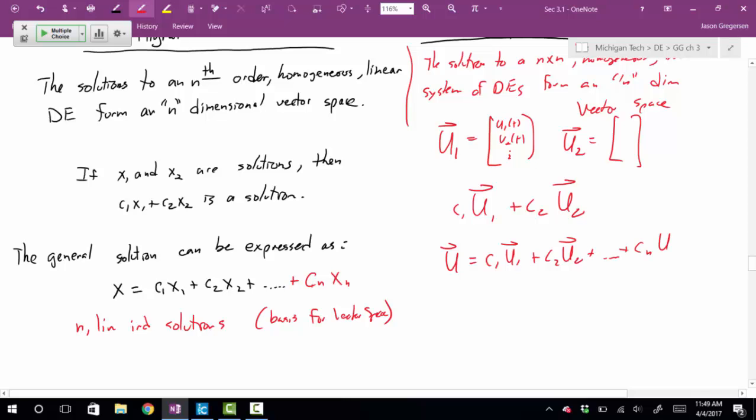I'm going to need n of them. And that will be the general solution for my system of differential equations for an n by n system. It's like you're learning a bunch of new stuff without having to learn a bunch of new stuff, right? That's good. Questions so far?